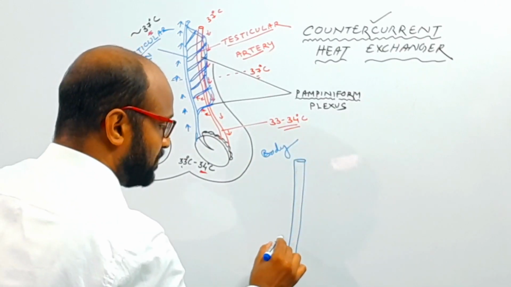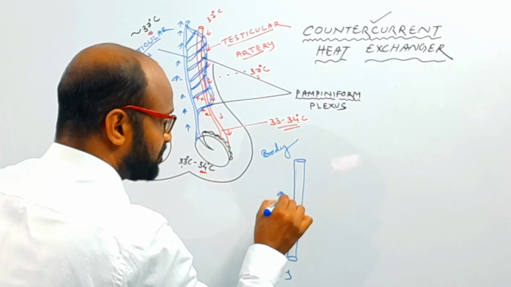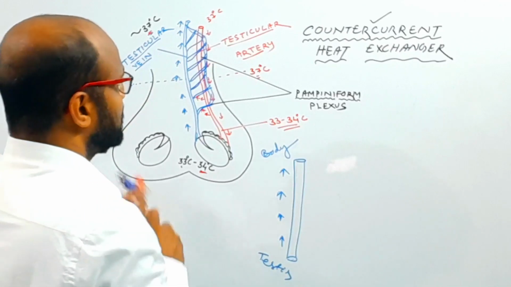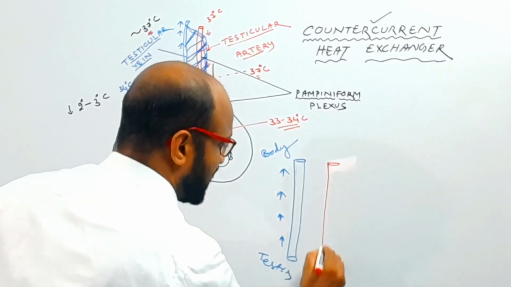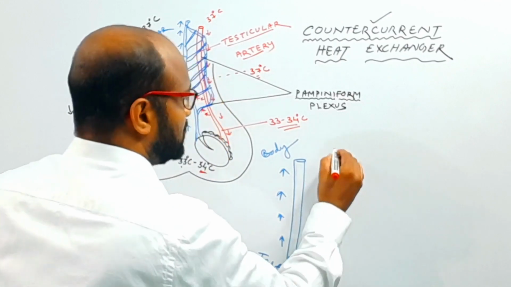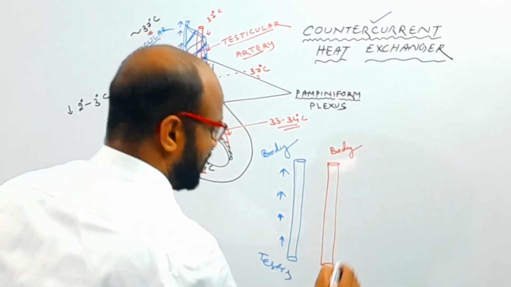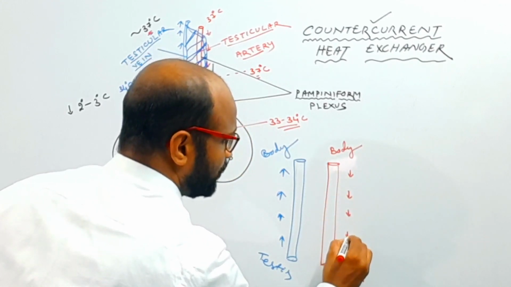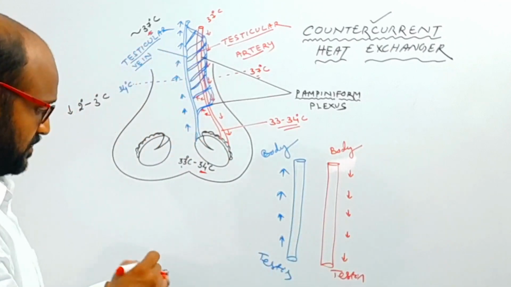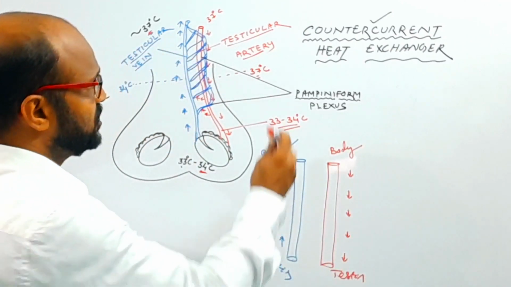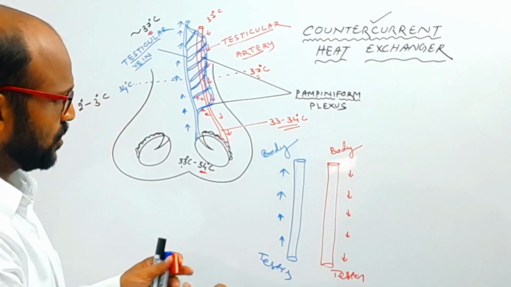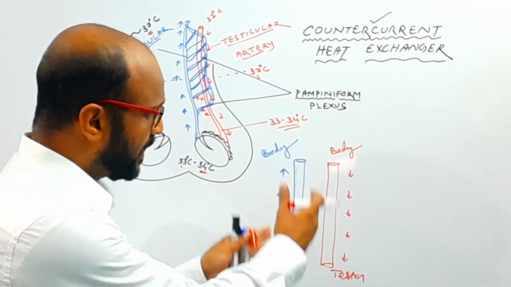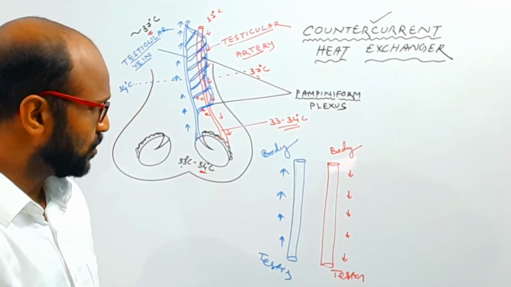This vein carries the blood from testis to body, and this is the artery, the testicular artery, which carries the blood from body to testis. So the blood flows in different parallel vessels in opposite directions, which is known as the counter current. The flow of blood in opposite directions in parallel tubes is known as the counter current.